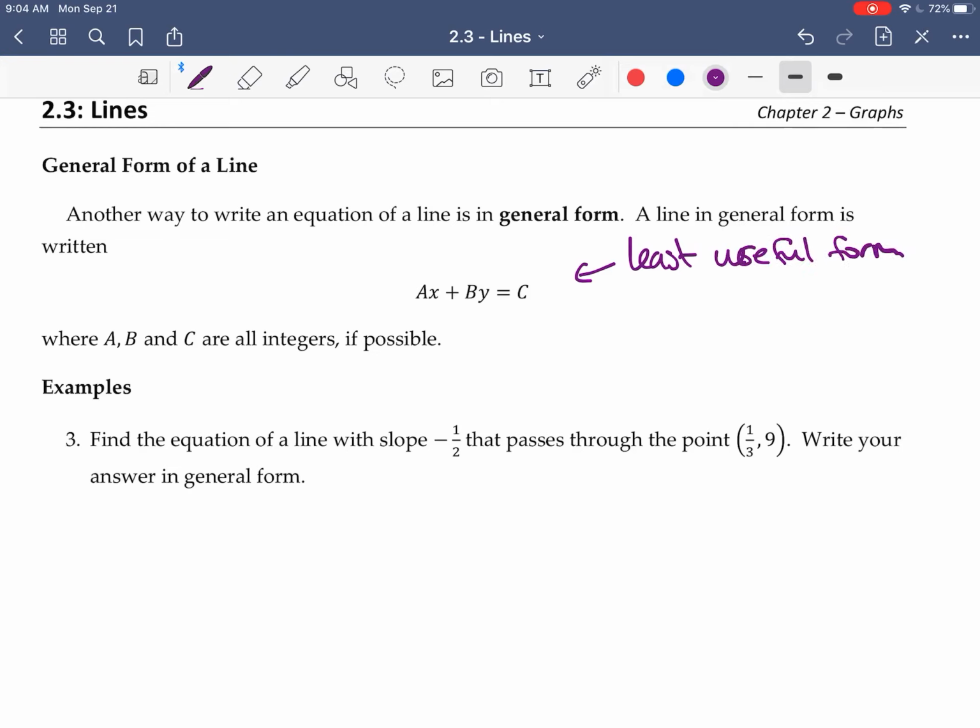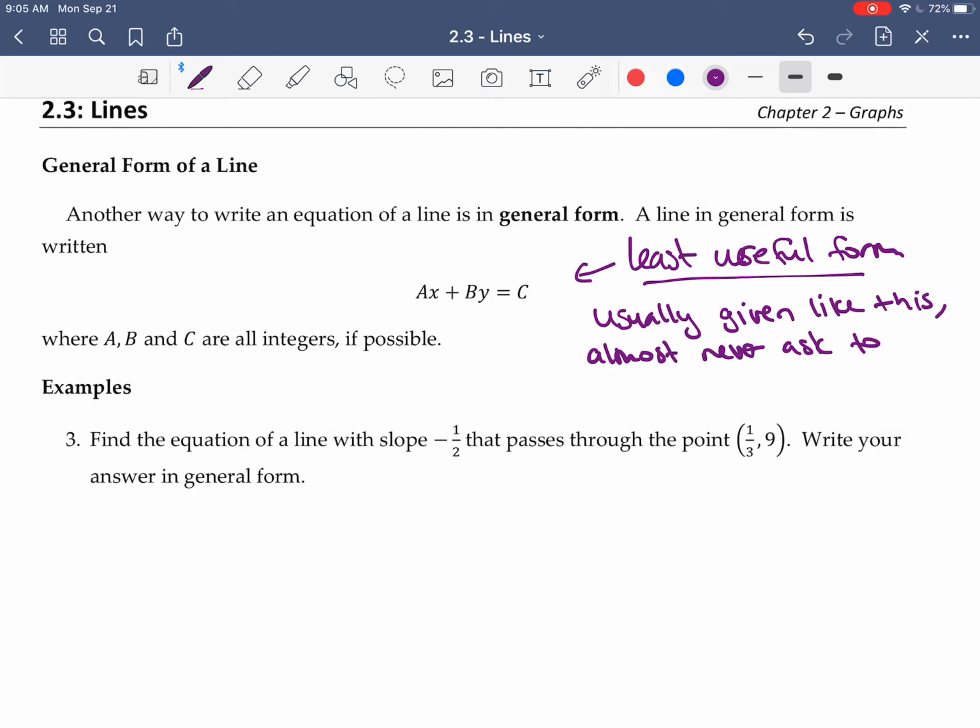Because you don't know the slope, you can't read anything from this line. So it's the least useful. The questions are often given in this form, but they almost never ask you to leave the answer in this form.